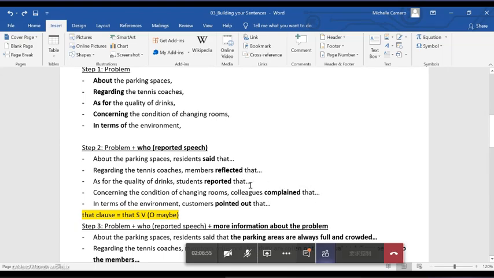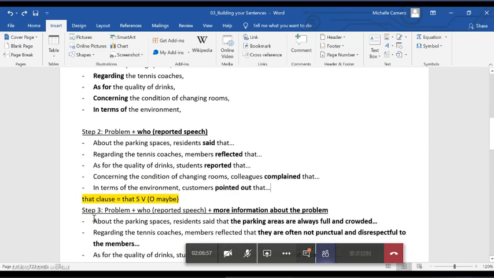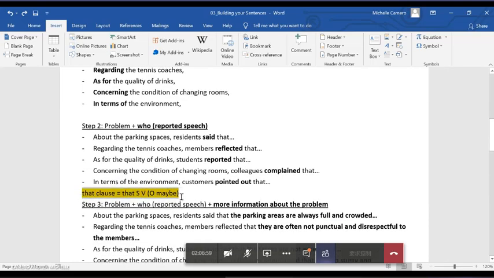So each of them has the word that. What that means is you've got a that clause. What is a that clause? A that clause is a group of words that starts with the word that, and then it needs to have a subject and a verb and maybe an object. Okay? So you'll see here, though, we only have the word that. So the subject and verb needs to come after it. So we're going to see that here in step 3.